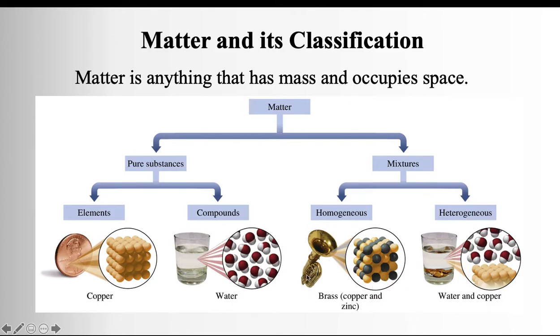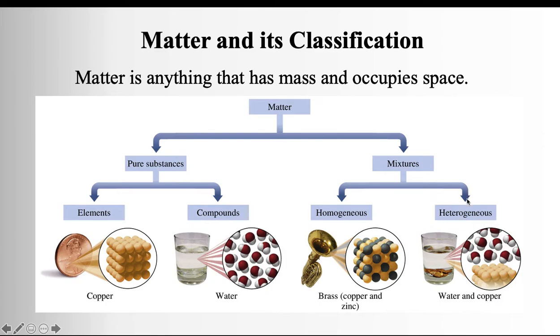For example, brass is a mixture of copper and zinc. It's a homogeneous mixture because if I just look at a brass instrument like this one, I cannot tell, well, this is an atom of copper and this is an atom of zinc. I cannot really tell the difference because they are mixed very well at the atomic level.